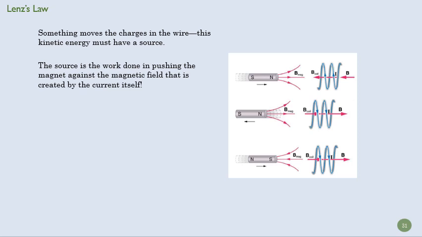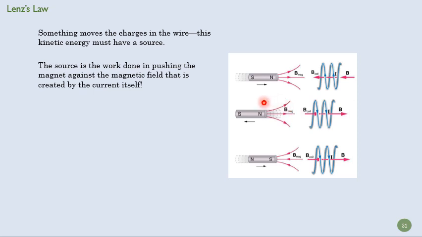It's not easy. But essentially what's happening is the current is creating a magnetic field that's trying to replace what was lost. Okay, so if I push this magnet this way, by pushing these field lines through that loop, I'm increasing the flux in the left to right direction. Well, the induced field is going to try and create flux that moves in the other direction to return it to the state that it was before.